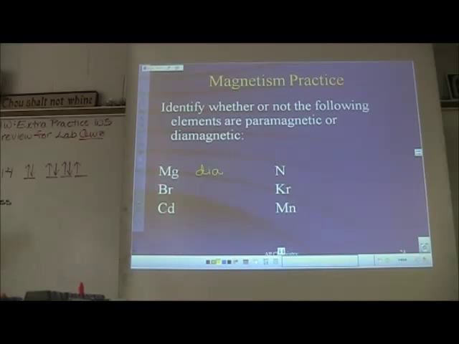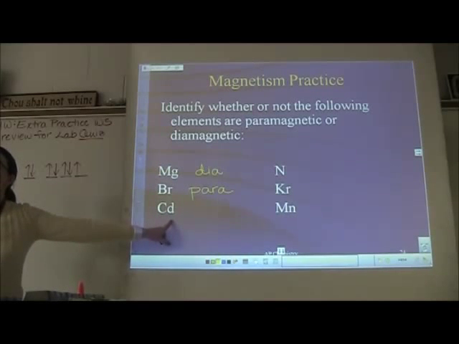Just one. But one is enough. That is a paramagnetic element. Does that determine how strong the magnet is? I don't know. Someone asked me that one time, if it has more unpaired electrons, does that make it more magnetic? I want to say yes, but I'm not 100% sure about that.